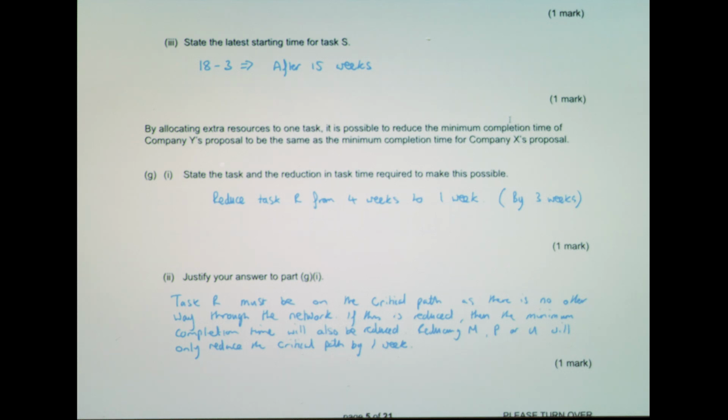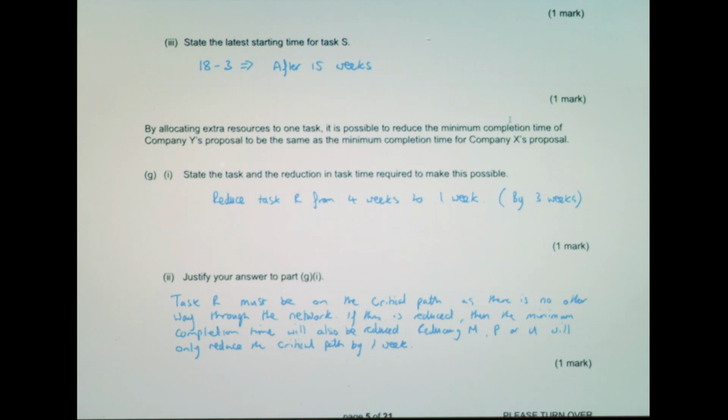How many marks were we on the language? Did you say something like: if there's a bottleneck at task R, task R must be on the critical path? I didn't see that kind of language, though they had enough of an idea. Not one student out of the ones I saw gave that answer.